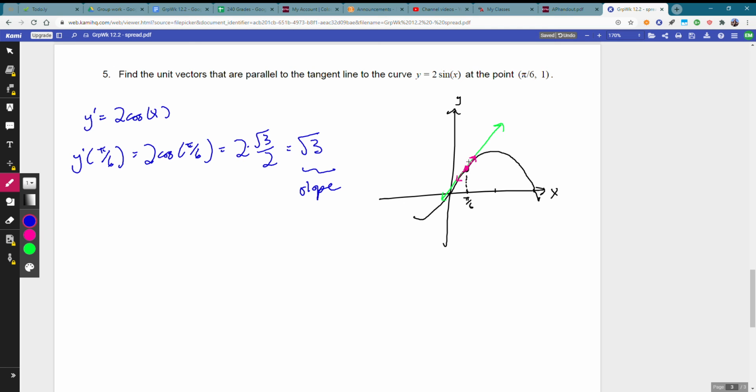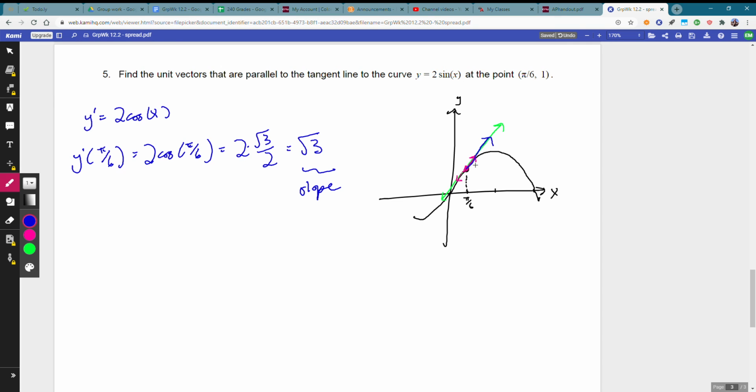And so there's different ways to go from this information to get our vector. I'll get there in 2 steps. The first is I'm going to get a vector that just has the right slope, that's in line with our tangent line. It's parallel to it. And then I'm going to scale it so that it is a unit vector.